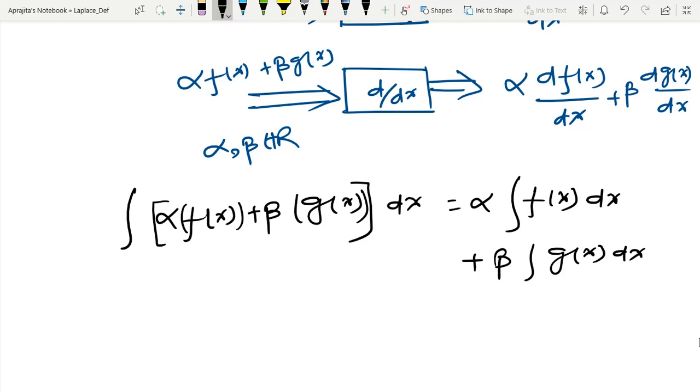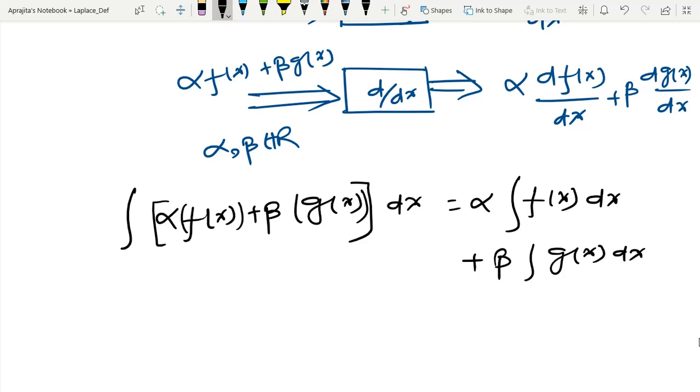So in this chapter or in this part of this course, I am going to explore a special type of integral transform, and that particular integral transform is the Laplace transform.